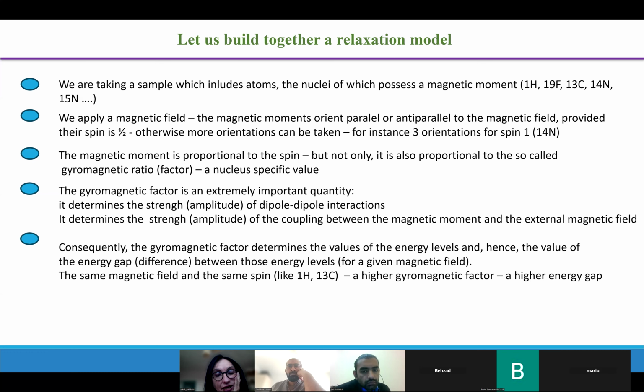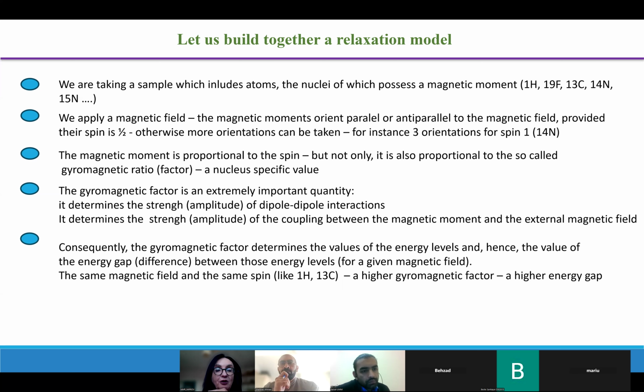And as we agreed that the energy gap depends on the magnetic field and depends on the gyromagnetic factor, it's worth remembering that for protons, it means for hydrogen atom nuclei, if you apply a magnetic field of 1 Tesla, the gap between the two energy levels will be 42 megahertz in a good approximation.